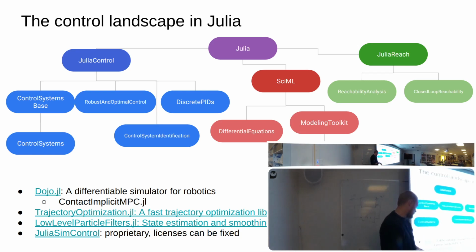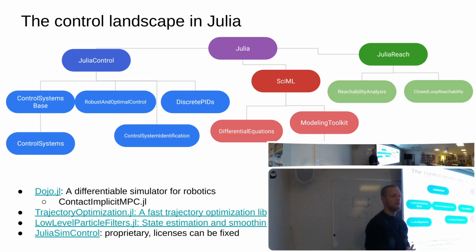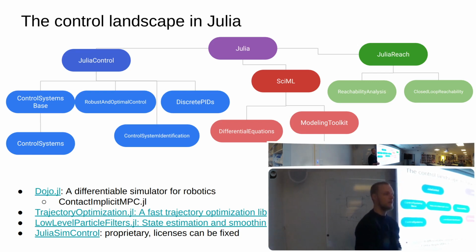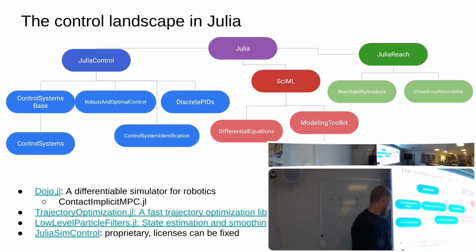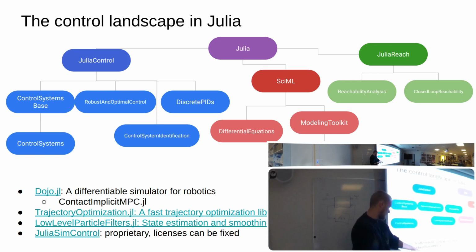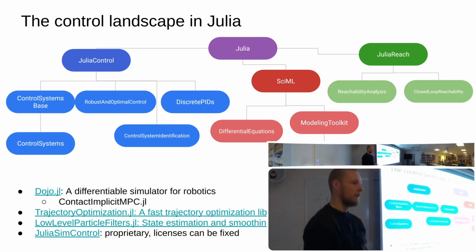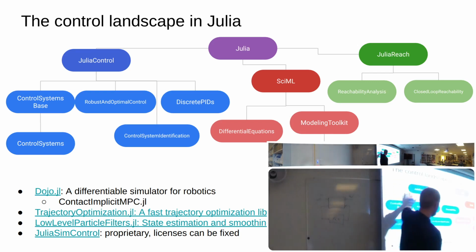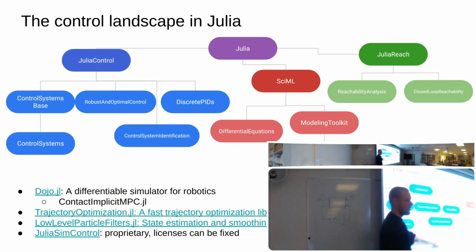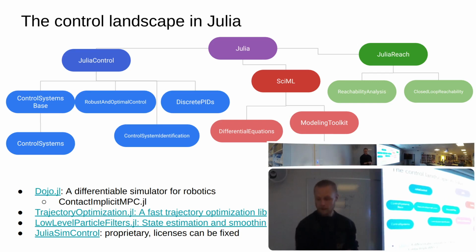It's called LowLevelParticleFilters, but there are unscented Kalman filters and regular Kalman filters and all that stuff as well. And then there is, this is currently what I'm working on, JuliaSimControl. That's proprietary, but if you would like to try it, I can probably fix you a license. That has model predictive control and some LMI-based methods for robust control. And it kind of builds on top of all of this and adds extra features on top of that. All right.